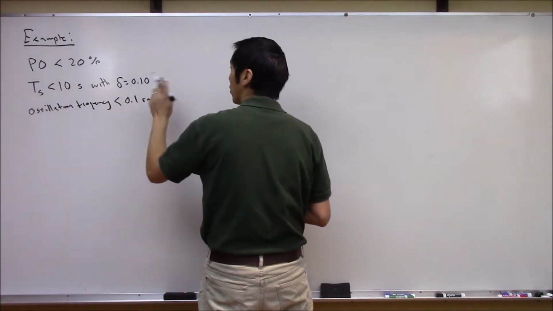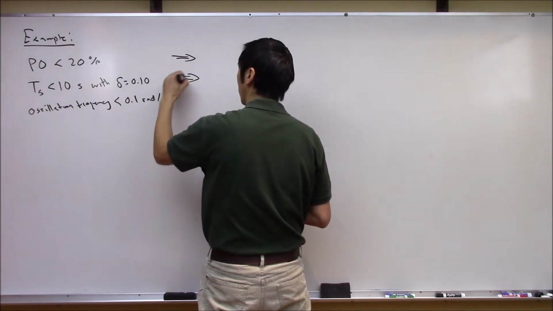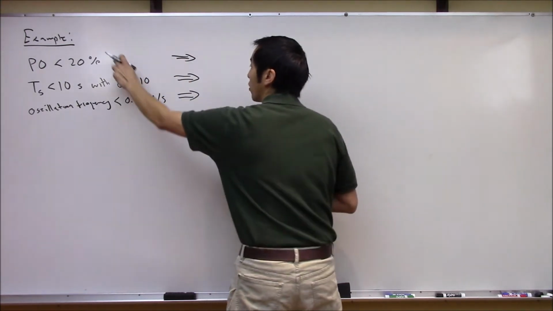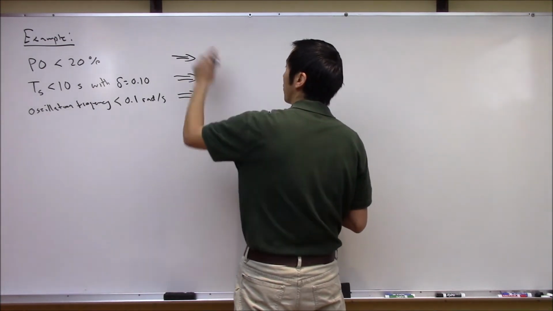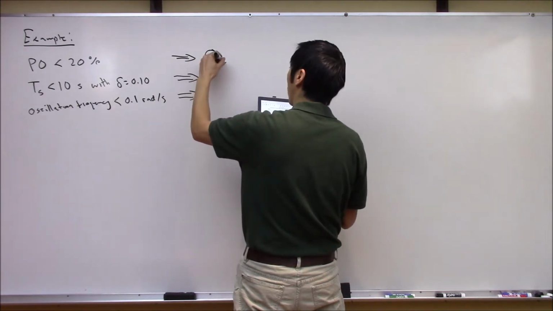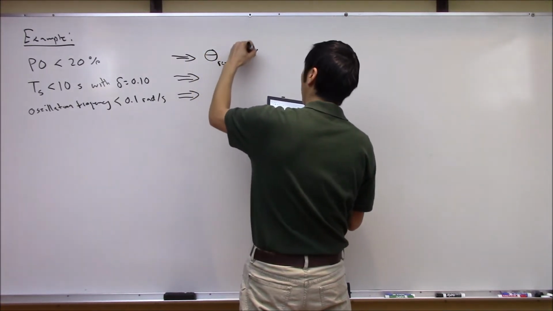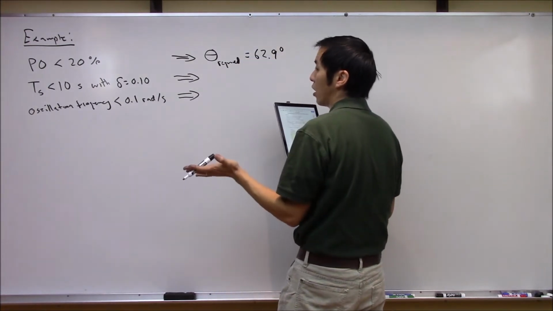And in the last video, we saw that these translated into restrictions on the locations of the poles, right? So this percent overshoot requirement meant that the poles needed to be on some line with angle, let's call it theta required, of 62.9 degrees or less.